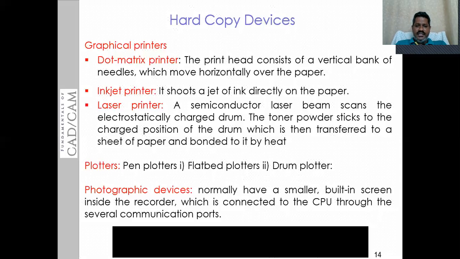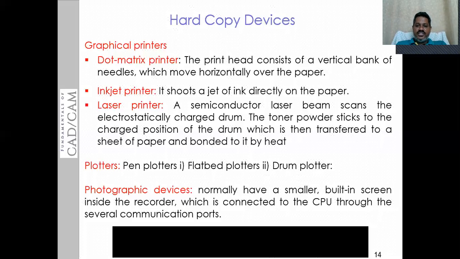In the case of pen plotters, an ink pen is used to plot the drawings or the images on the sheet or wherever you want. This pen is connected to the terminal, which receives the signal from the system. According to the signal, this pen is going to plot the image on the flat bed.